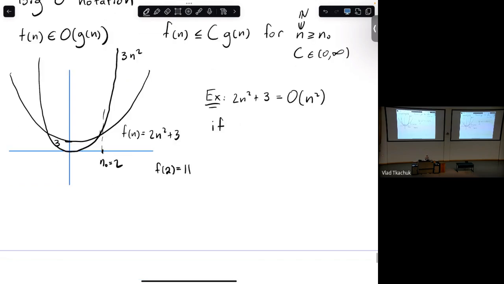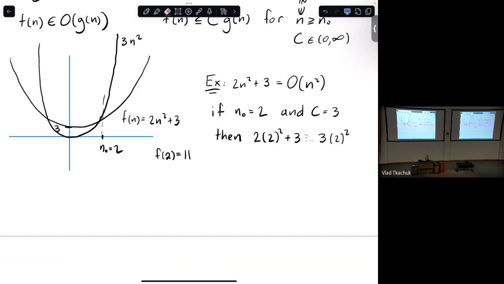Okay, so if n naught equals 2 and c equals 3, then 2 squared plus 3 is 11, which is less than or equal to 3 times 2 squared, which is 12. And you can check that for any n greater than 2, this still keeps holding.